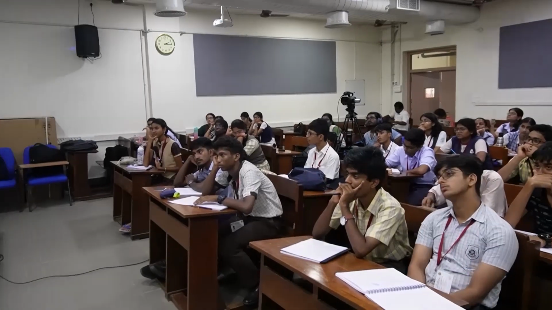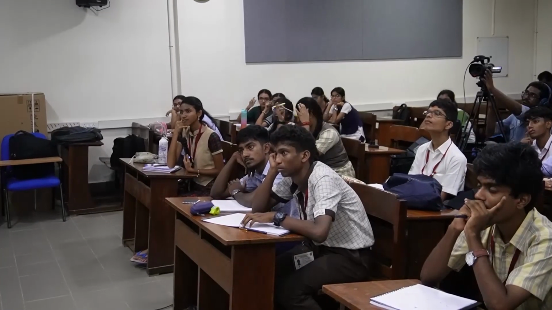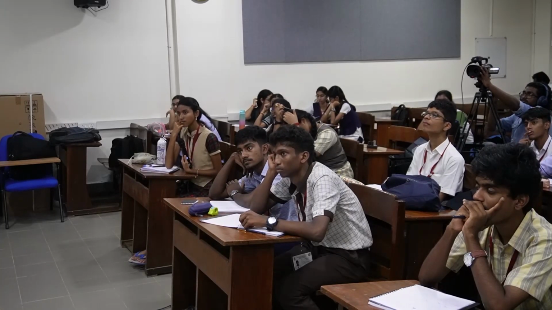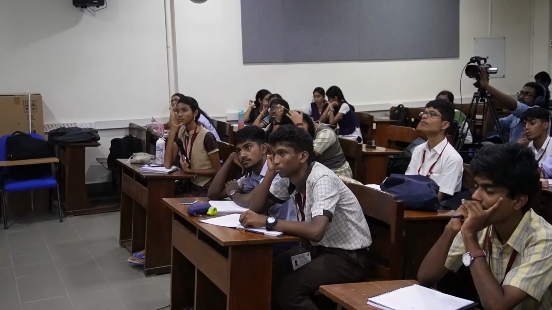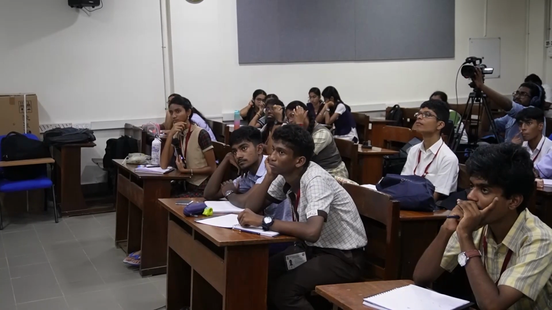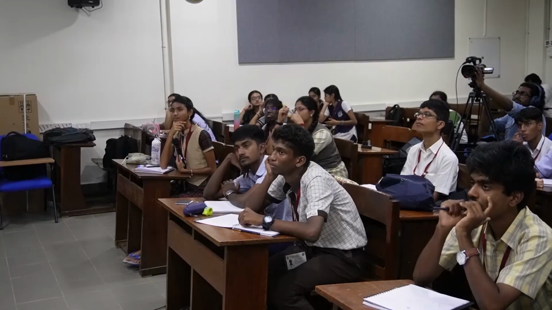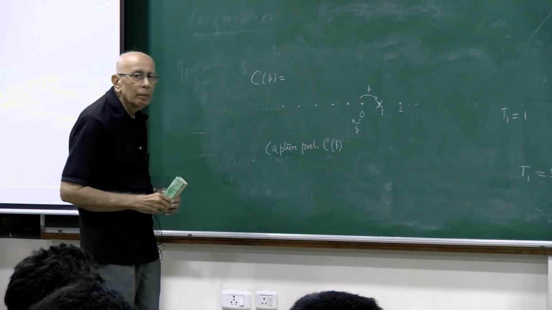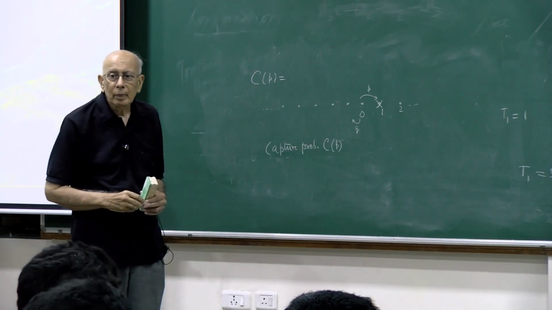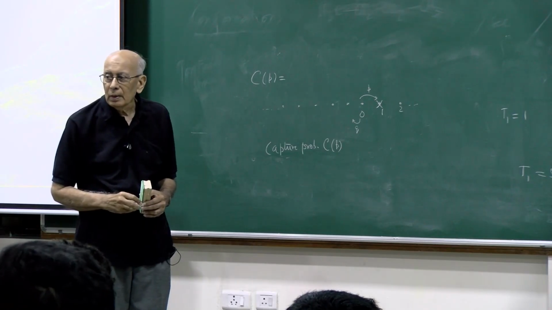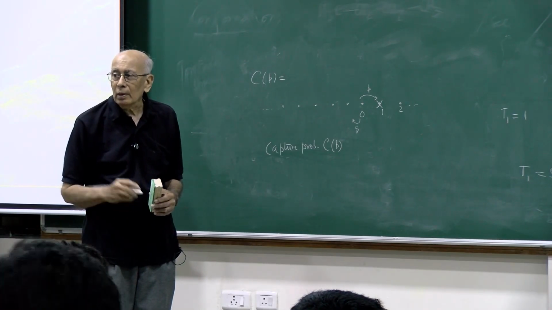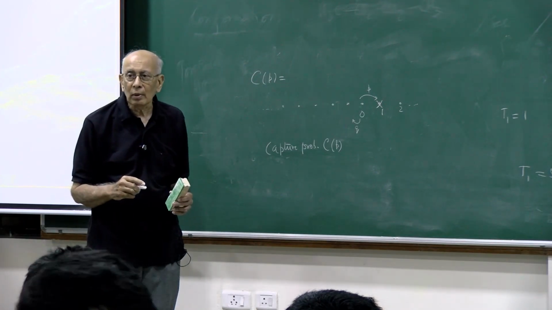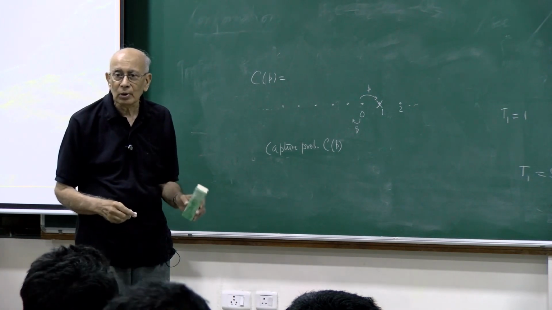So let me call the capture probability C of P. C of P is the capture probability. C of 1 is obviously equal to 1, because if he uses the coin and gets a hit the first time, he jumps to the right and falls down. That's the end of it.